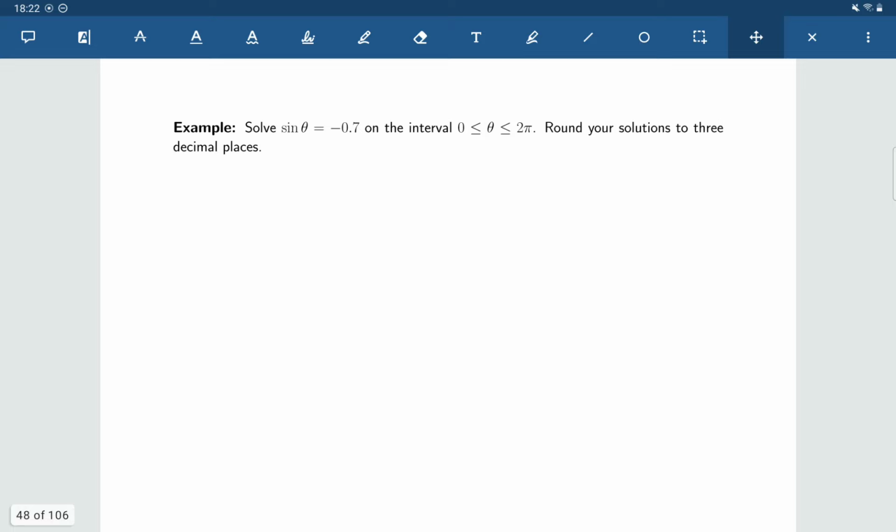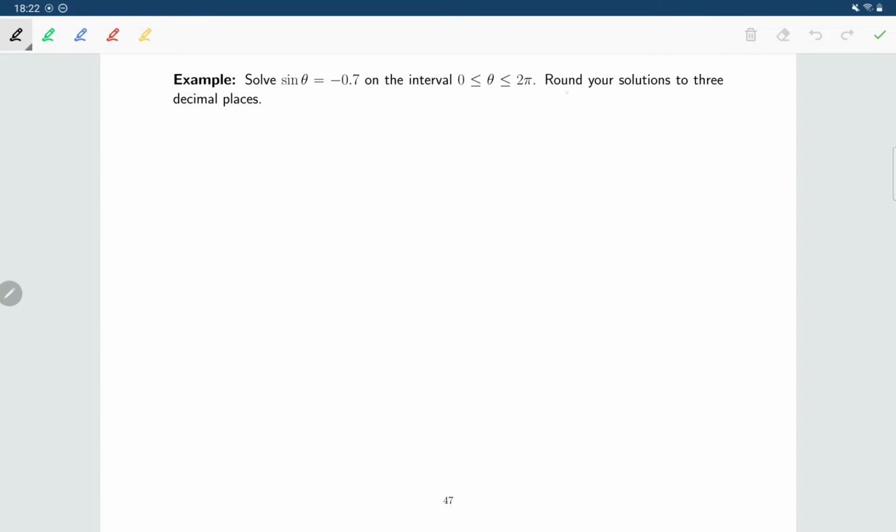Okay, so this one we won't be able to find the exact value for theta. And we know that not just because the question tells us that we're rounding our answer off, but if I'm just thinking about solving this, sine of theta is equal to negative 0.7, I'd be looking for theta to be sine inverse of negative 0.7.